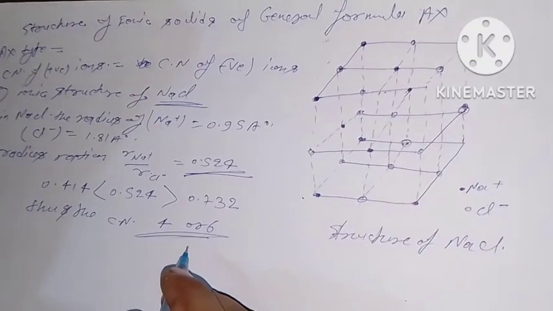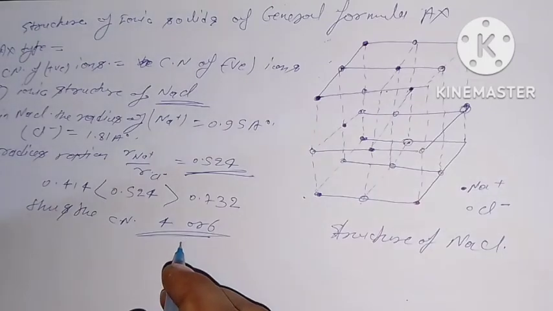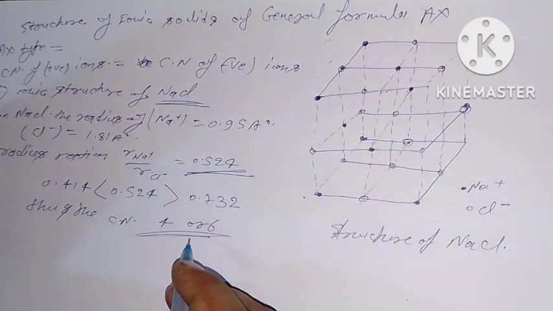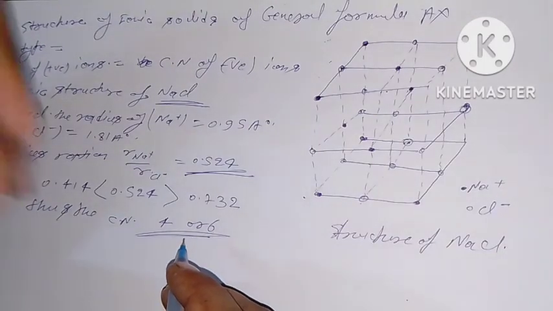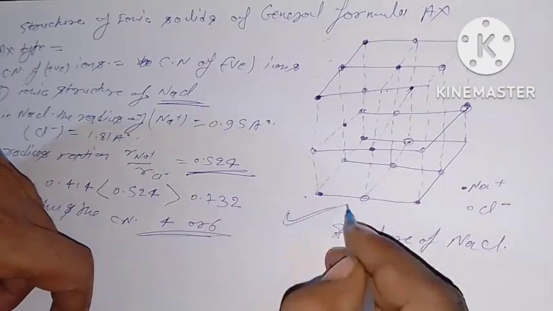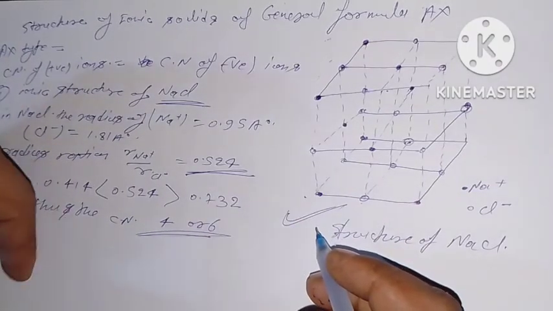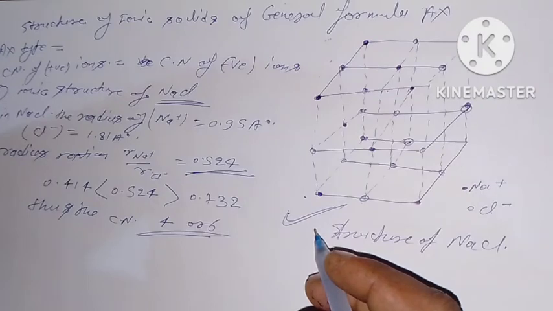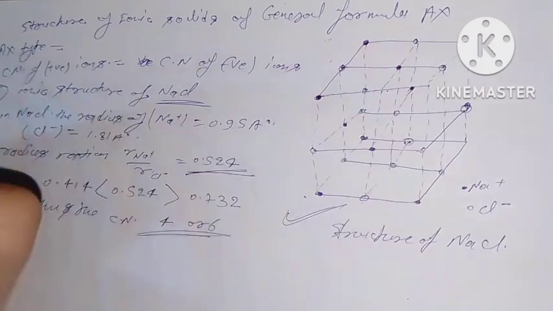From the X-ray study, it is clear that sodium chloride has an octahedral structure.